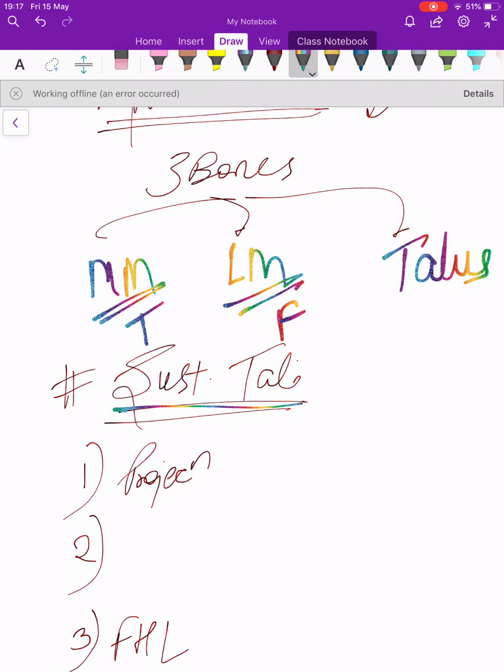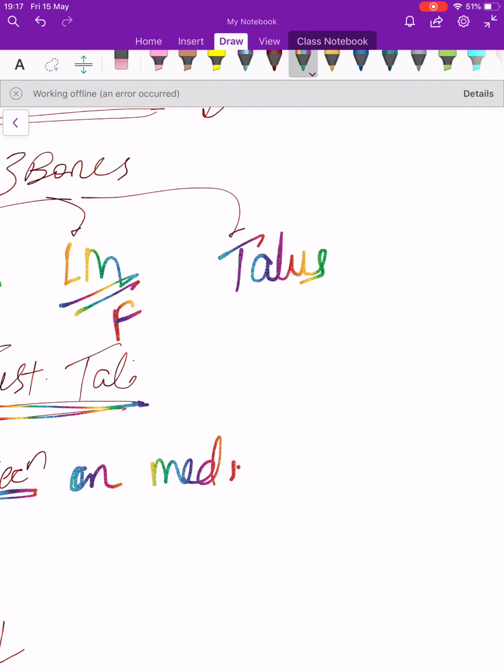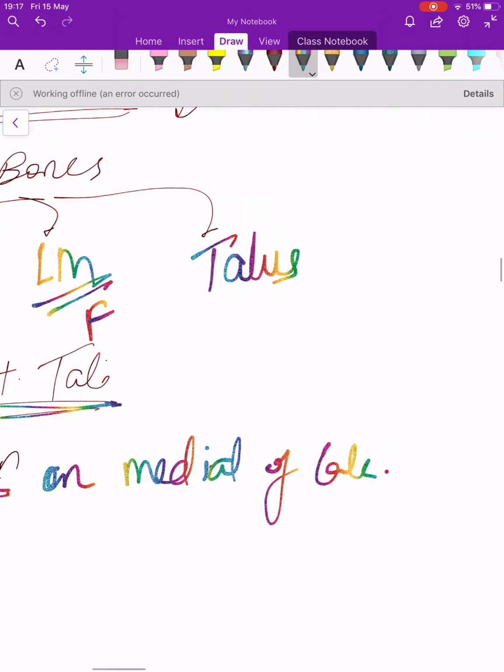Then we will talk about the sustentaculum tali. What is it? The sustentaculum tali is the projection on the medial side of the calcaneum. Let's say this is the fibula and this is the tibia.